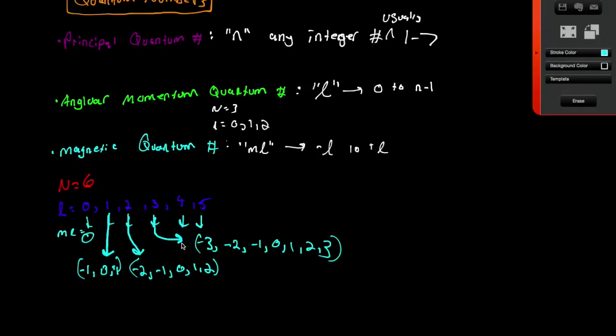You can't, because the possible values for L don't go up to 6. Now, if n is equal to 7, right, then we could have 0, 1, 2, 3, 4, 5, and 6. And then m sub L could have a value of negative 6 all the way to positive 6. But from our constraints, what I've just said is actually impossible.